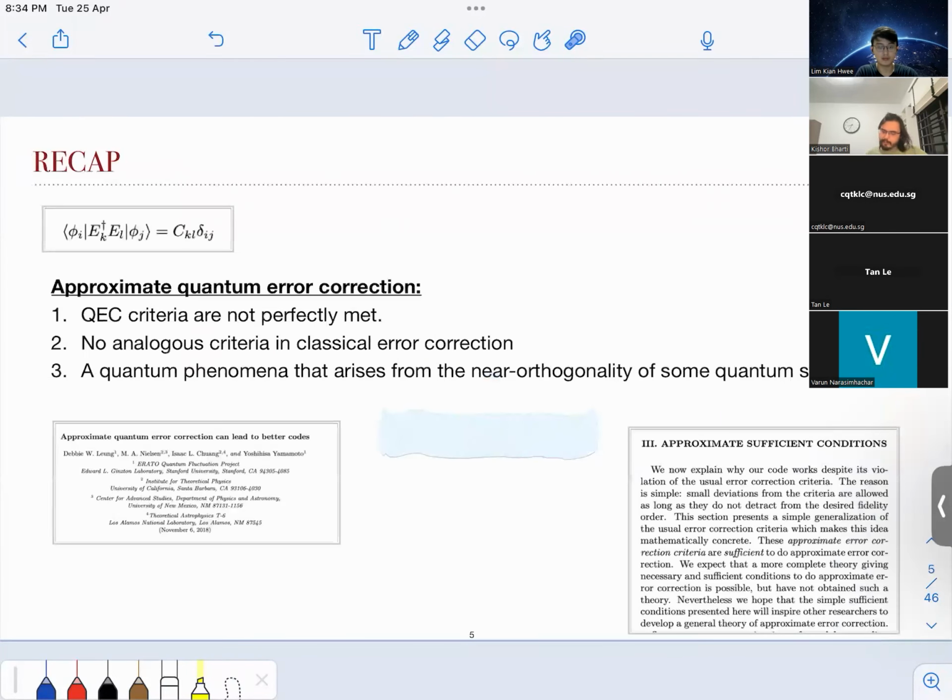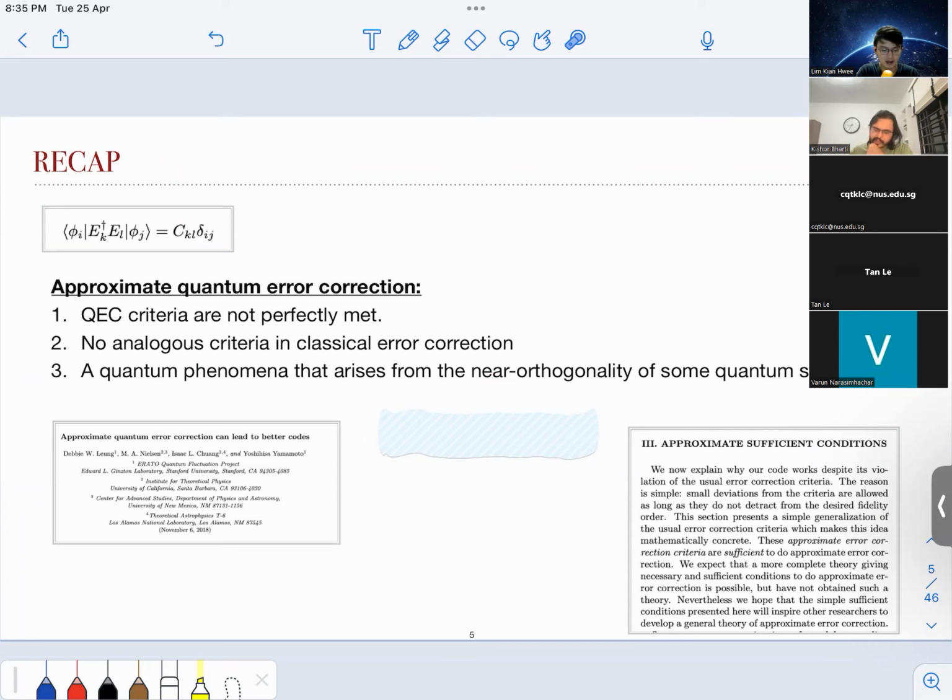So let's recap. This is the Knill-Laflamme condition for error correction that we discussed before. Here, this C matrix should be a Hermitian matrix, and this delta is the Kronecker delta function.